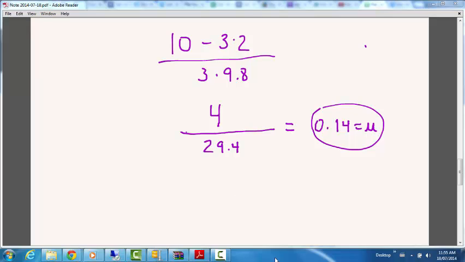And that works out to be equal to, when we round off, 0.14, which is equal to what we just wrote down above, mu, the coefficient of friction.